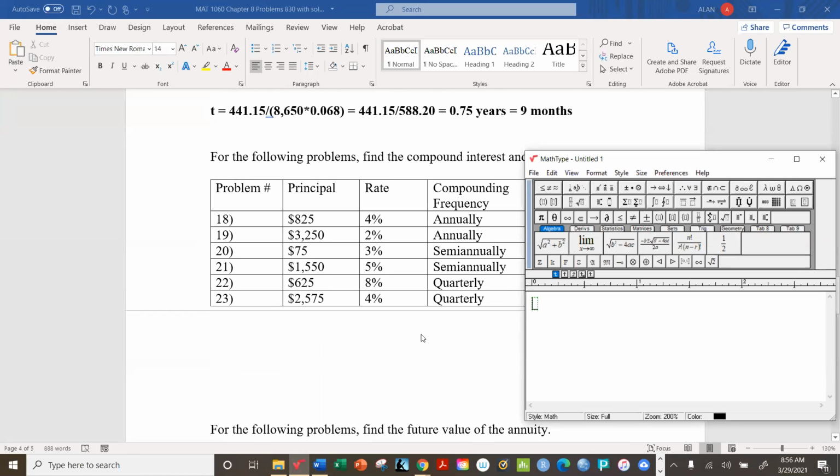And so you can see it's our old friend A equals P times, in parentheses, 1 plus R over N, whoops, to the power NT.